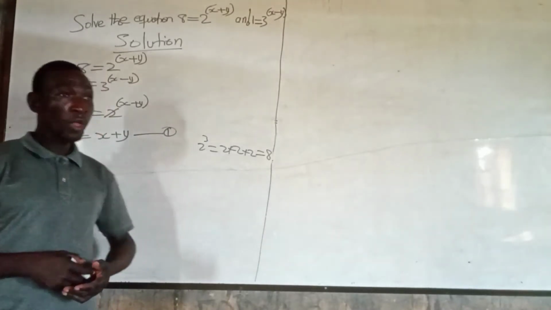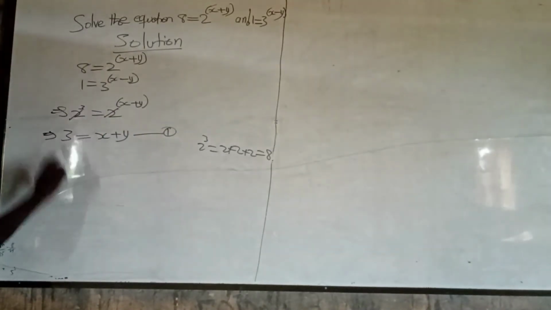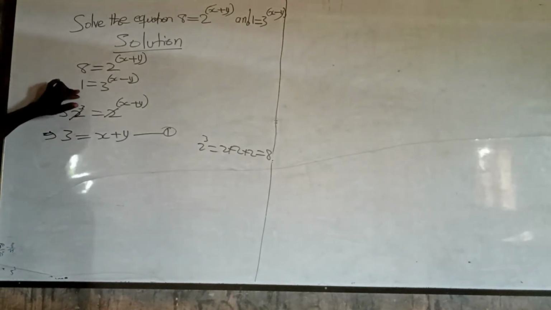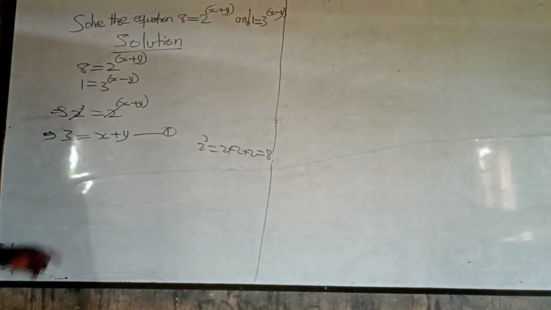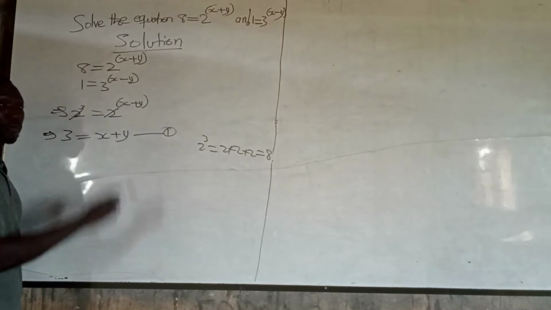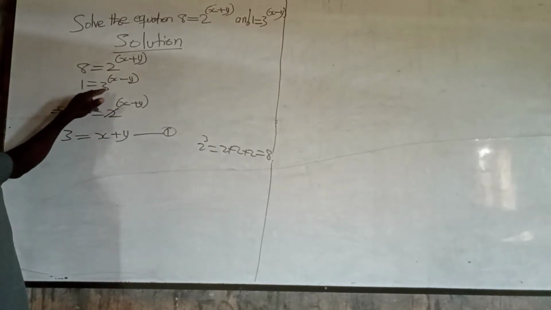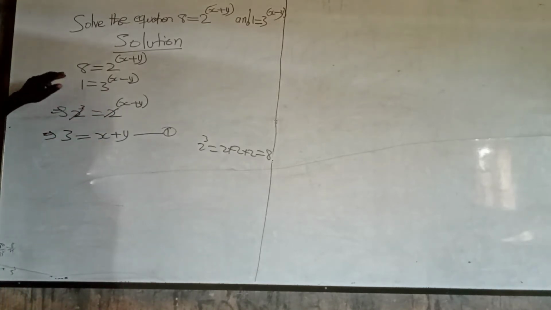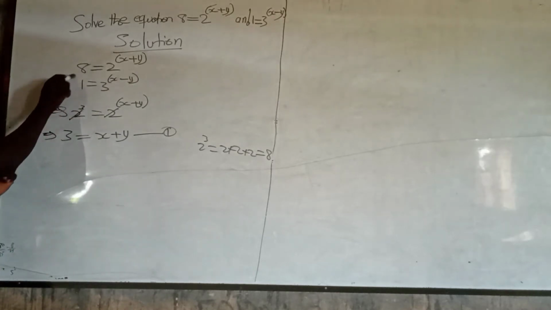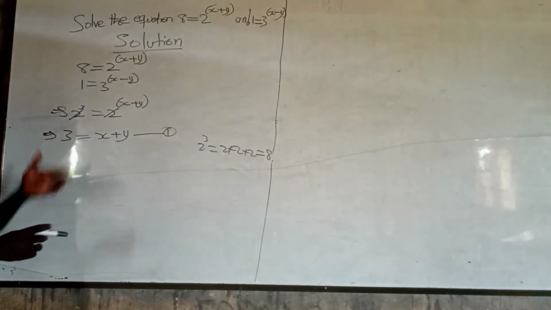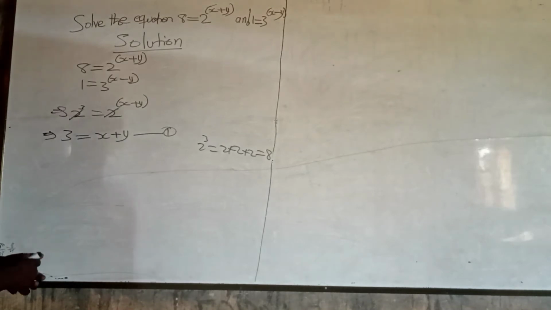So we have 3 here. We have 1 here. 3 cannot be reduced to 1. But this one can also be made in such a way that its base is 3.